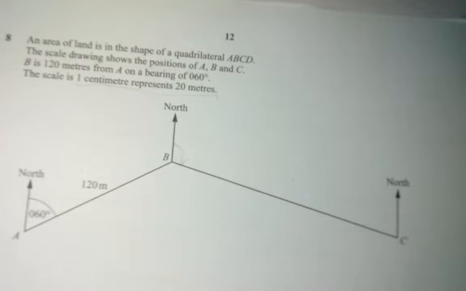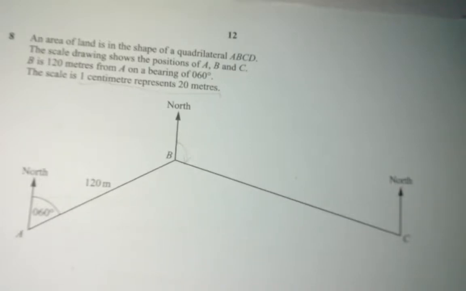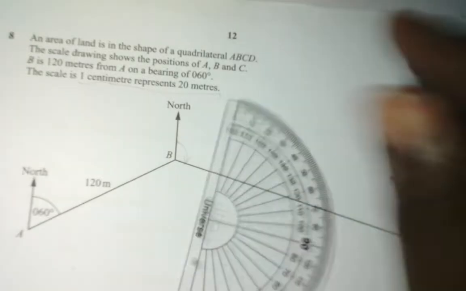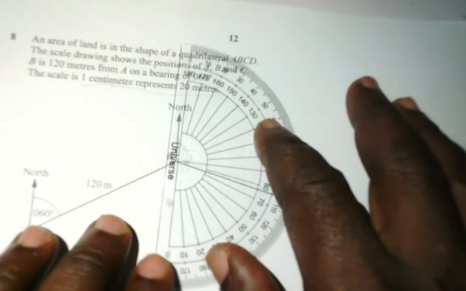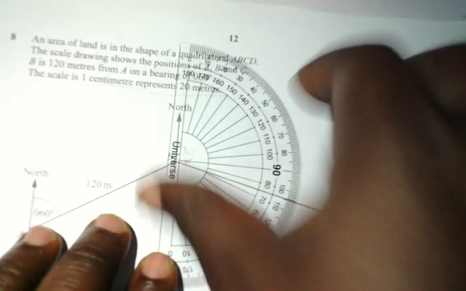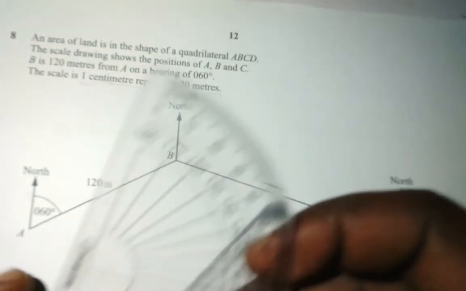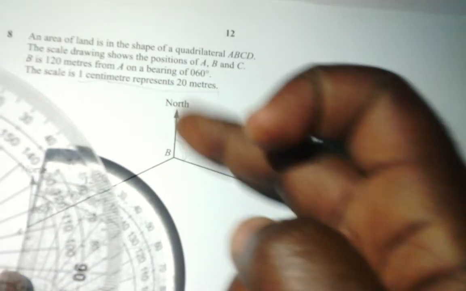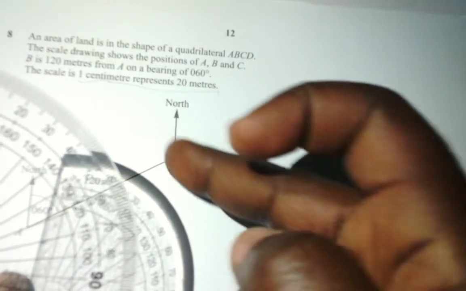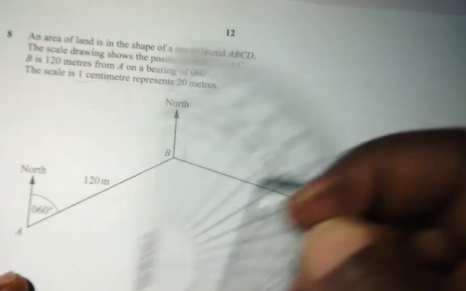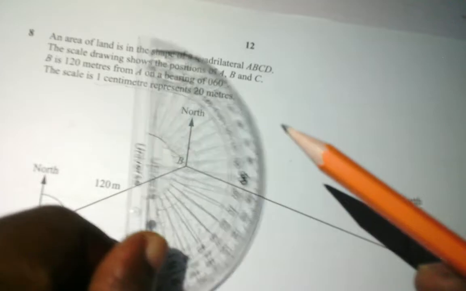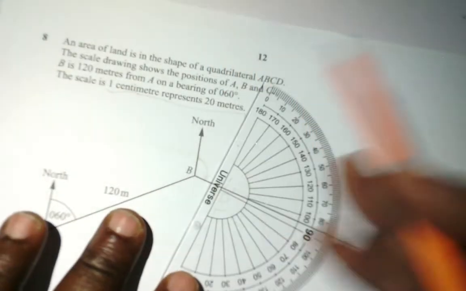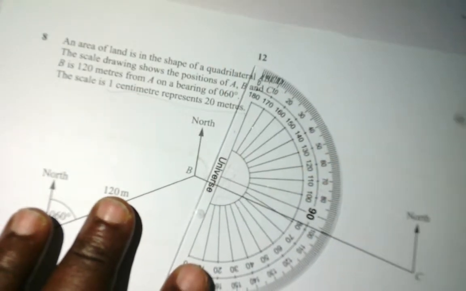To get that angle, we need to make use of a protractor. We'll get our protractor and place it in a way that the baseline of the protractor is on this very line, the reference line, which is north. This line pointing north, the baseline must rest on it. And then on the protractor, the baseline and 90 degrees intersect at a point.